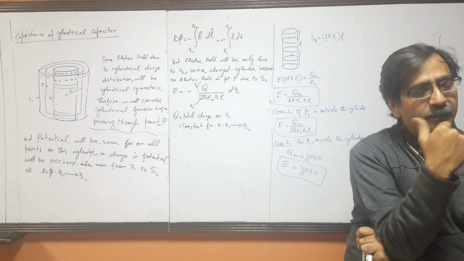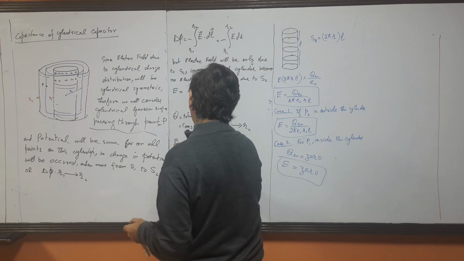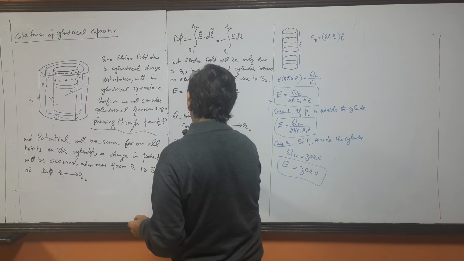So E will be minus Q over 2 pi epsilon naught L, where the length of the cylinder is constant, integral from R1 to R2 of dr over R. If we move from A to B, 2 to 3 or 3 to 2, the result will be the same but the sign will change.